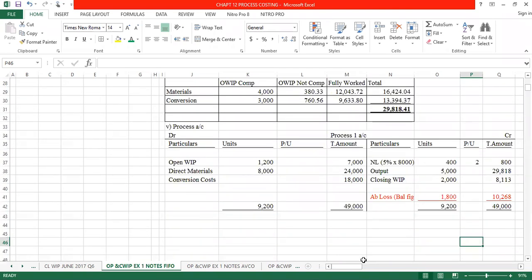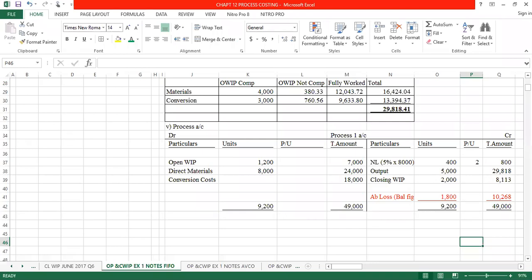Again, take 2 minutes to understand before we move on. If you want me to scroll up, I can scroll up so that you see the values.